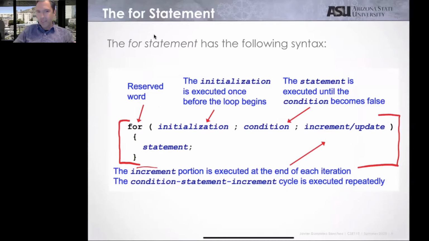As you can expect, at the beginning, the keyword now is for. As you can expect, open curly brackets and closing curly brackets, and inside of them, the instructions that you want to repeat. Remember, we're still working with loops.